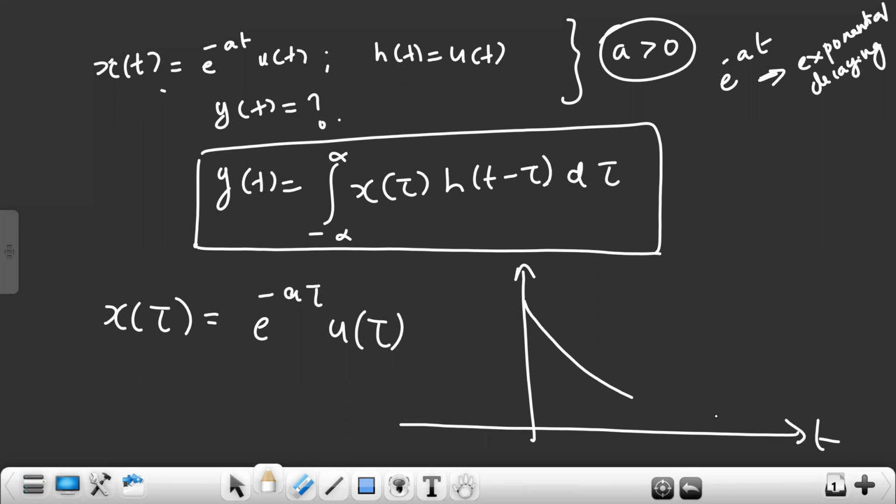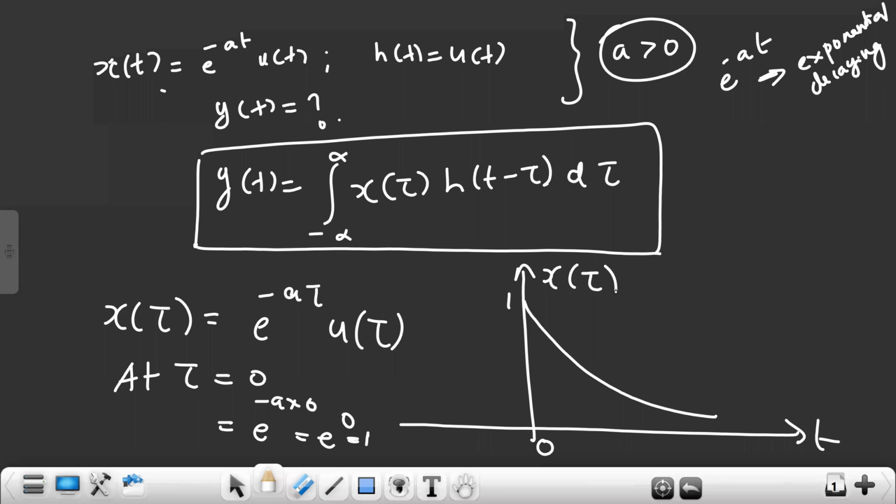What will be the value of the signal at t equal to 0 or tau equal to 0? At tau equal to 0, e raised to minus a into 0 is e raised to 0, which is equal to 1. So the signal will start from 1 and eventually decay towards infinity. And why is the signal not confined to the negative half?